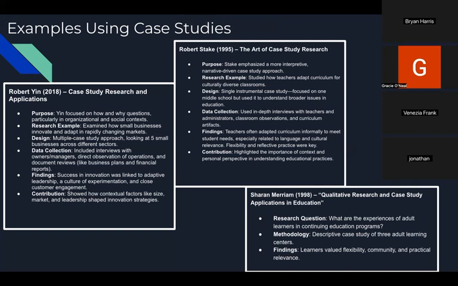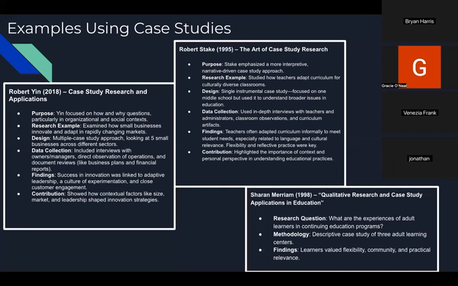So before the video had let out, I did talk about the different types of examples that I found that were based on case studies and how they are used.